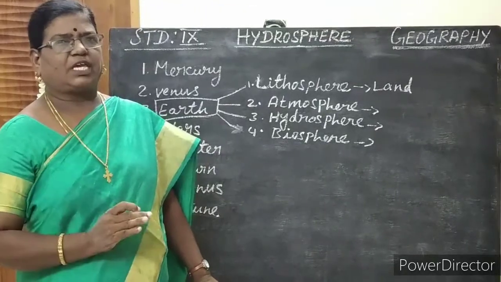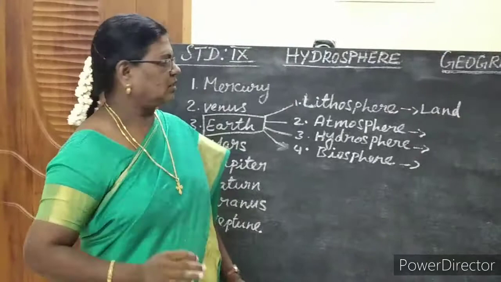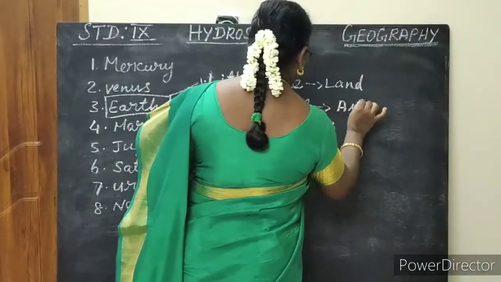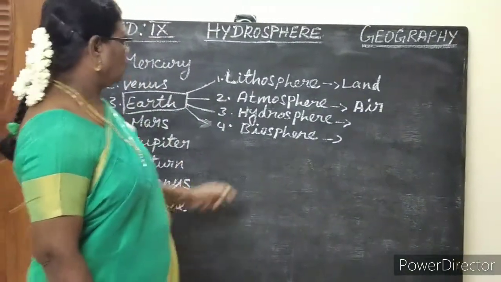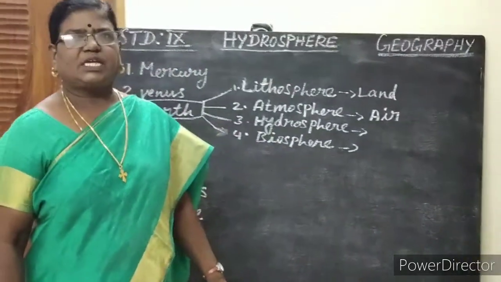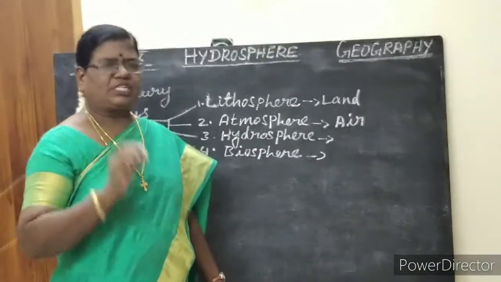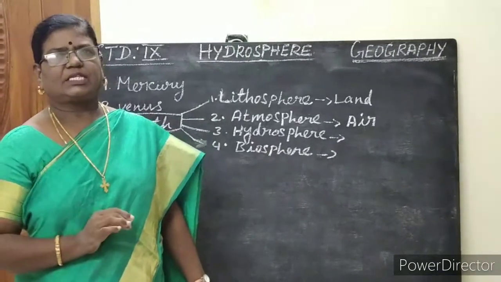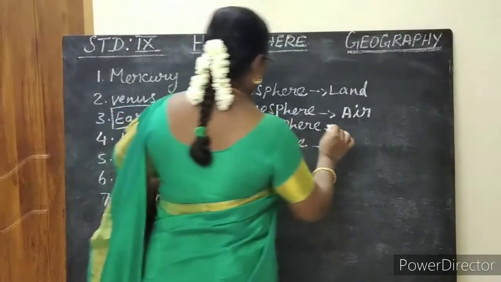Without atmosphere, there can be no life on the earth. It specifies air. Next one, hydrosphere. What is hydrosphere? Hydrosphere is the watery part of the earth, including oceans, seas, rivers, lakes, and water vapor. It specifies water.